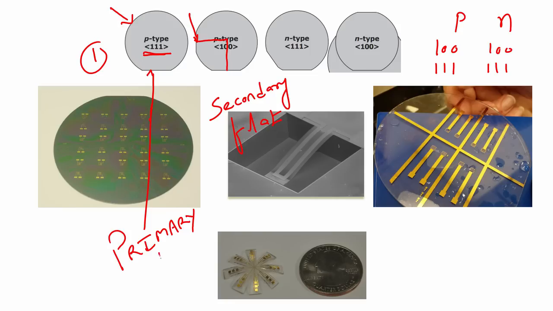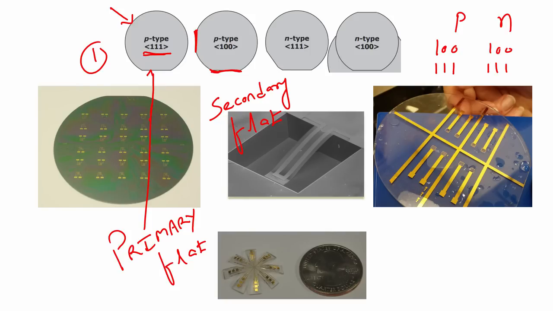This is my secondary flat. Let me draw with the red pen here: this is my primary flat, and this is my secondary flat. Good. Now, we know how to distinguish p type 111 and p type 100.